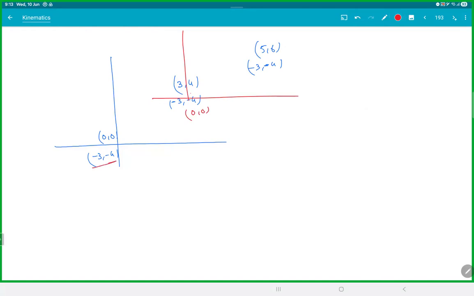The origin becomes -3, -4. 5, 6 becomes 5-3=2, and 6-4=2. Are you clear with this? This is how you shift an origin. So if you want to shift 3, 4 to the origin, just give -3 and -4 to everyone, including yourself. When you do that, you become the new origin and everyone else will change. This is a simple mathematical concept of shifting origin. Is this idea clear?